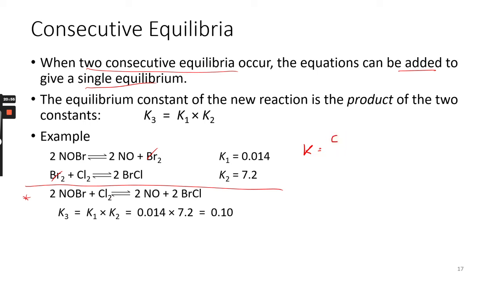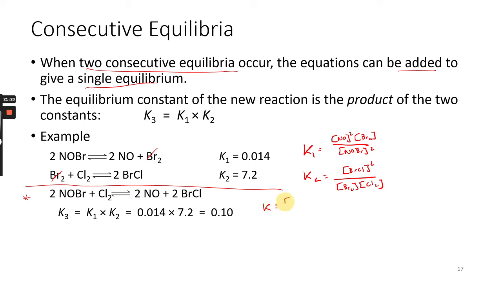Now, what would be the equilibrium constant for the first reaction? So you have your products divided by your reactants. So that's for the first. For the second, you have your products over your reactants. And what would be K for this?